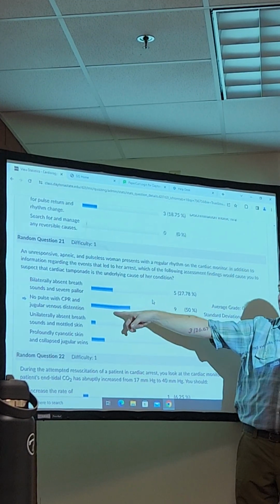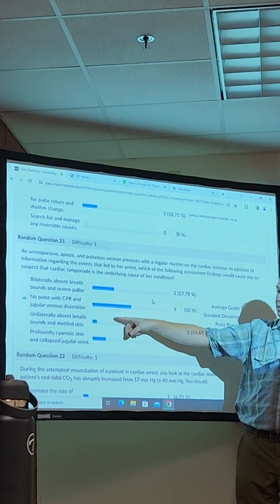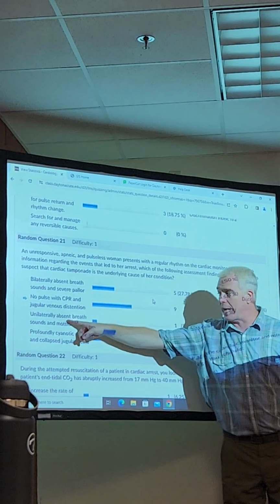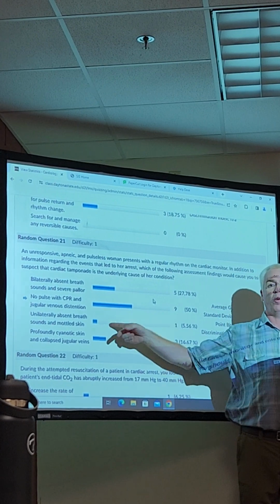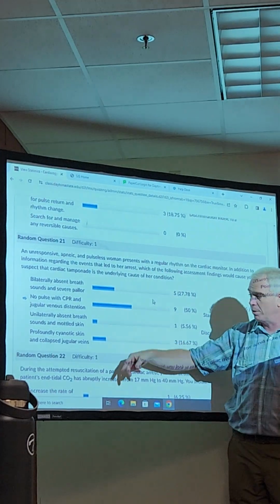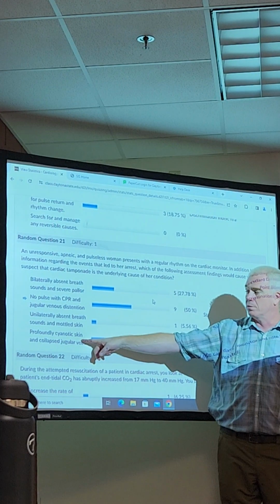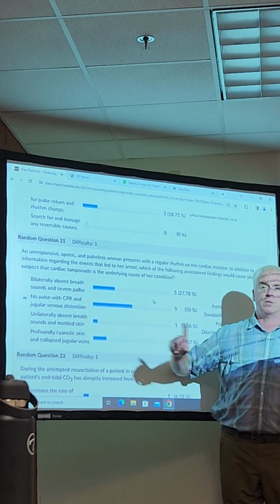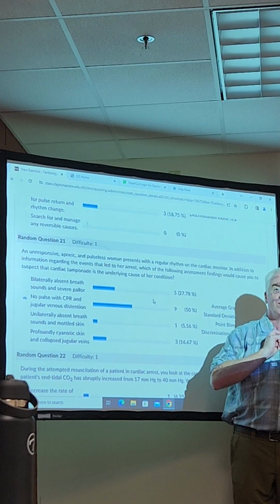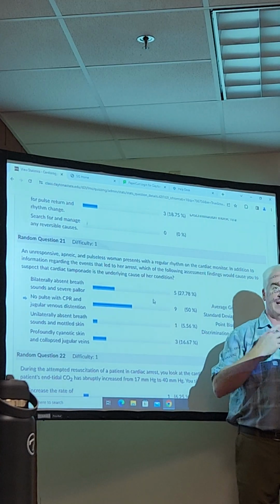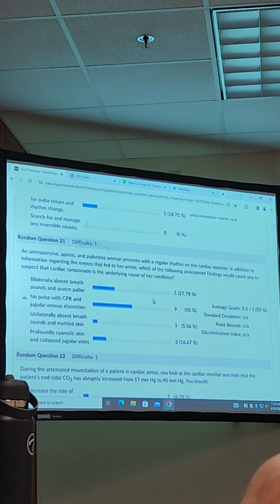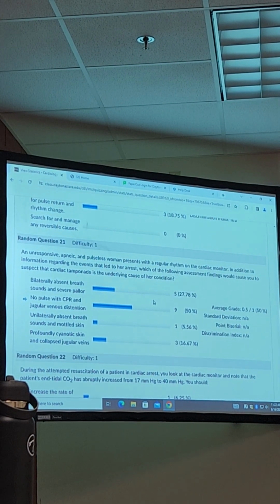JVD, okay. Unilaterally absent breath sounds, absent on one side, that would be tension pneumo. Cyanotic, okay. Collapsed veins. Well, for tamponade, she has to have JVD. It's got to back up. What causes collapse? Hypovolemia.